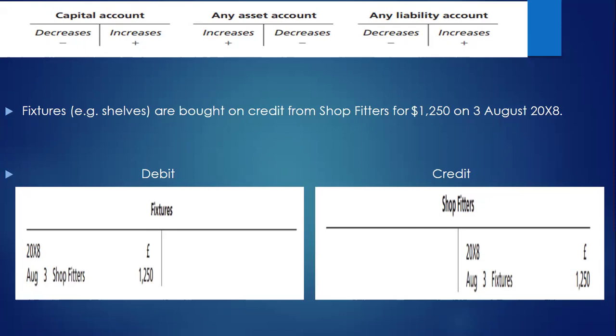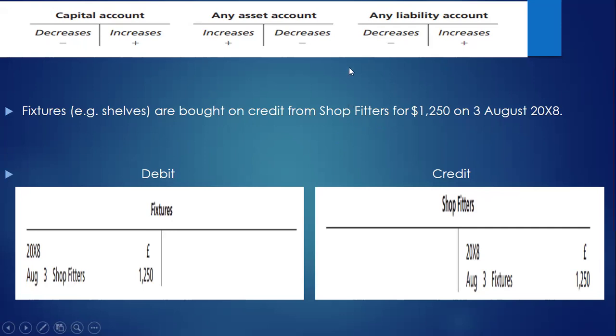A liability increase goes to the credit side. You can write him under accounts payable, or you can open an account for him if you like when it comes to bookkeeping. So shop fitter right here, and liability has increased, so I'm going to go to the credit side.